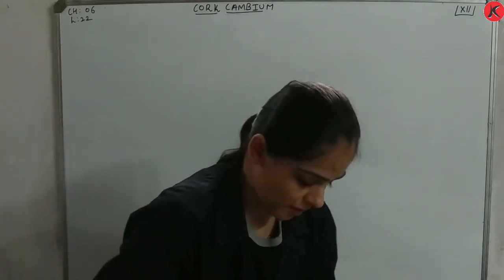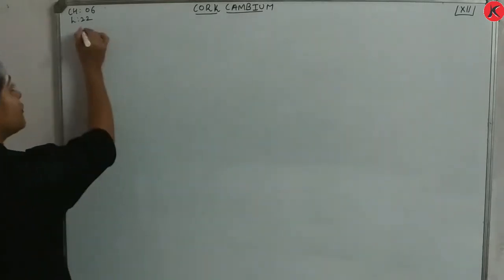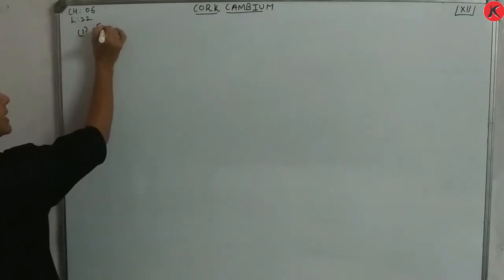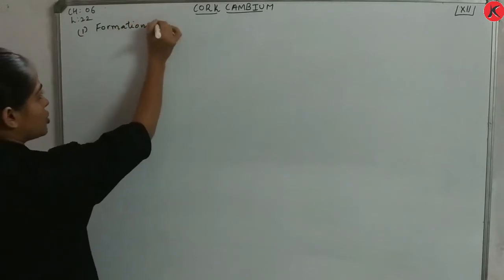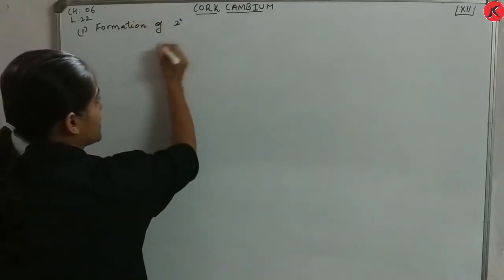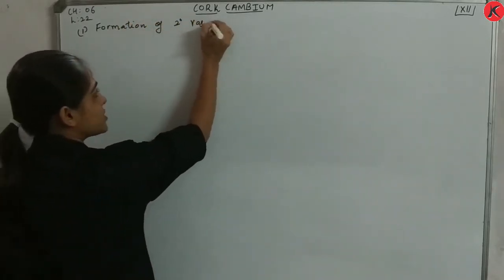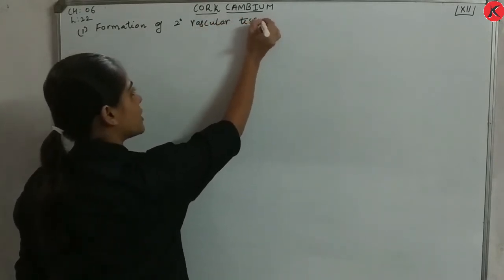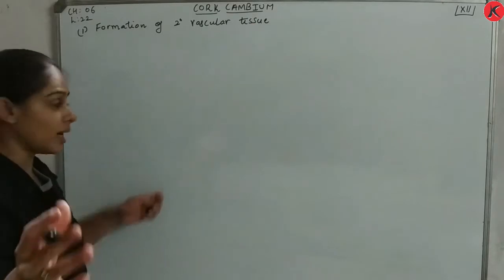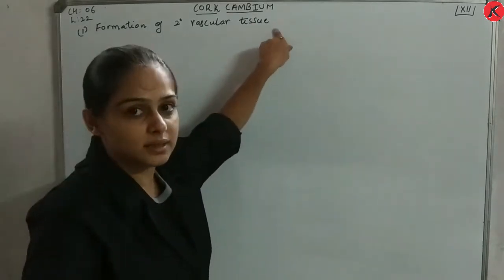Okay, so what am I writing? The first part that we have completed, children, is the formation of secondary vascular tissue. Where you have written vascular cambium, write this heading there.